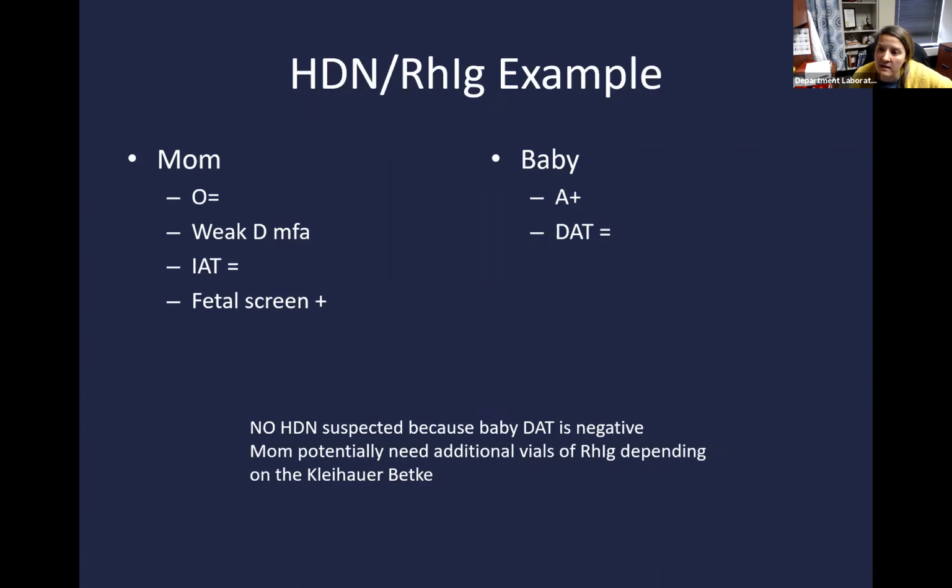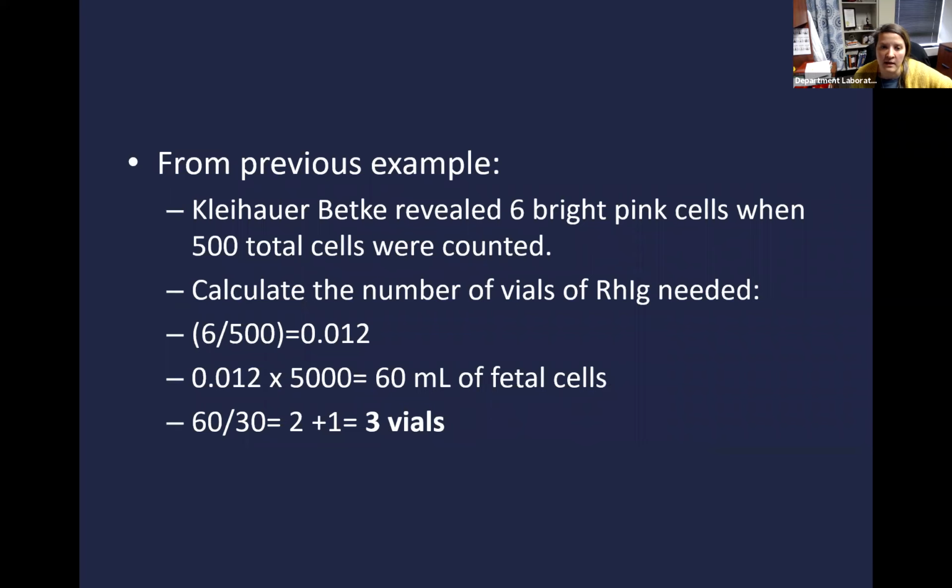All right, so let's take this case a little bit further, and let's go ahead and do our Kleihauer-Betke test. So we have the mom from the previous example who had a positive fetal screen. We're going to do that Kleihauer-Betke, and while we're performing it, we notice 6 bright pink cells when a total of 500 cells are counted.